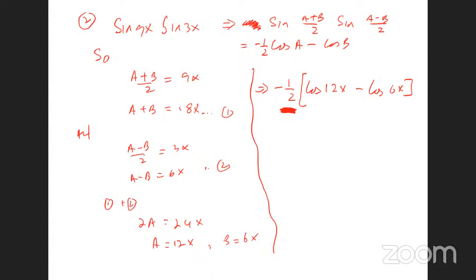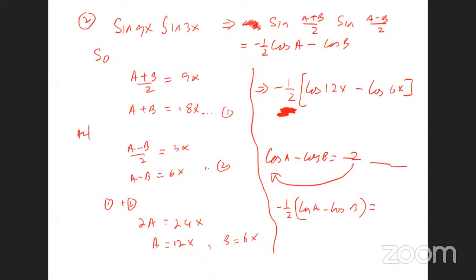That's how I got minus a half. Remember, the original identity is 2 of this minus 2 of this. So I'll move it here to get minus a half of cos A minus cos B. That's how come it's written like this.